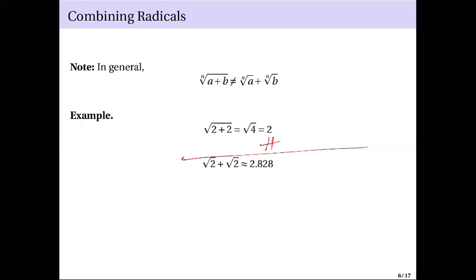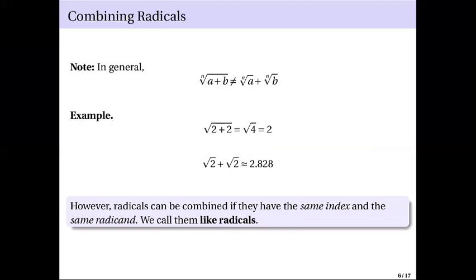Next, however, radicals can be combined if they have the same index and the same radicand. We call them like radicals. So remember when we discussed monomials, we can combine monomials if they have the same variable and the same exponent.